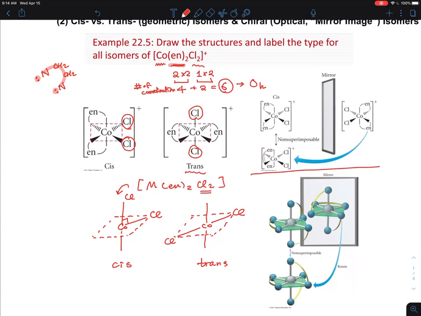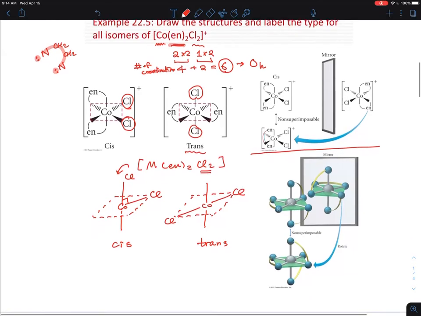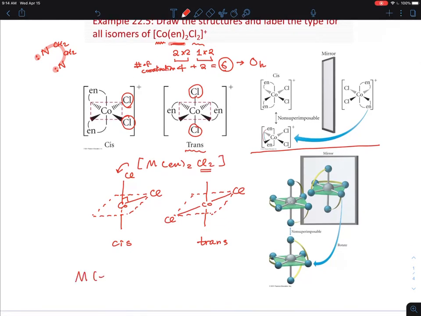I explained this in a little more detail before in my crash course number 1. If you see a metal with en2 and chlorine 2 or bromine 2, and it is cis, it can have optical isomers.